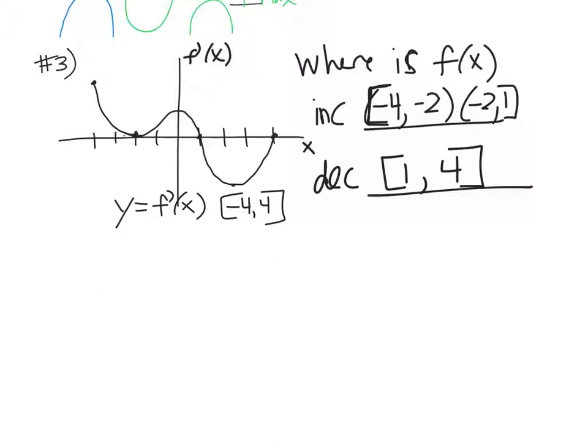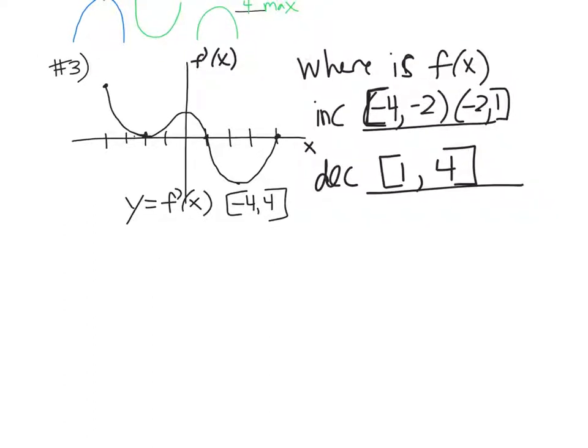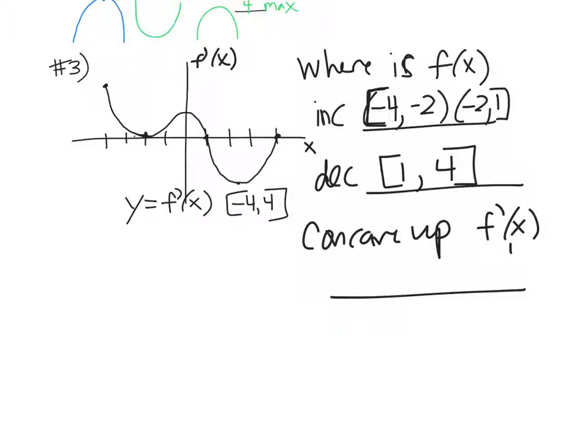The next one, we haven't done this yet, but where is f of x concave up? Okay, it's going to be concave up when f prime of x is increasing. Not when it's positive, that's different. But when f prime of x is increasing, that's when it's concave up.